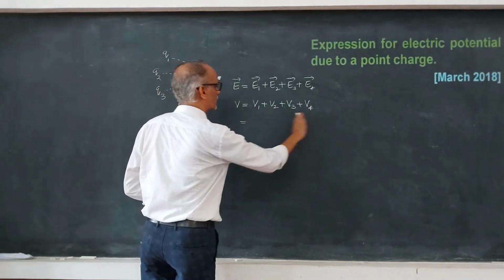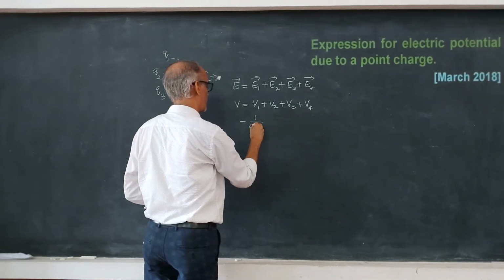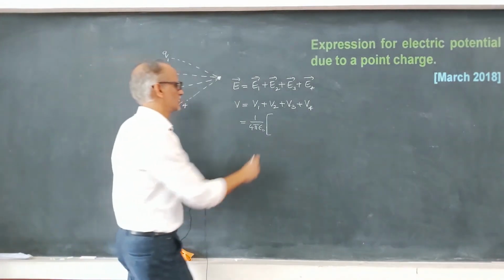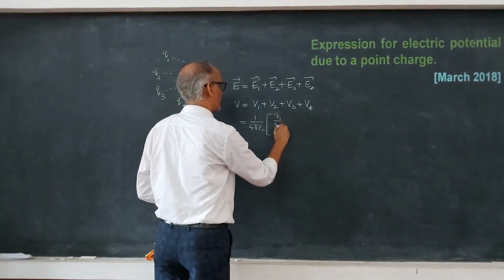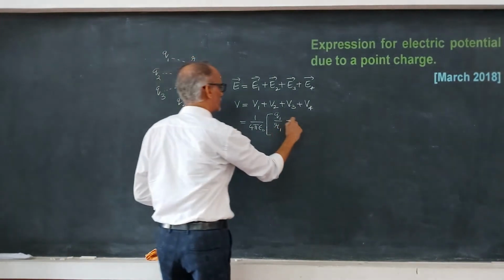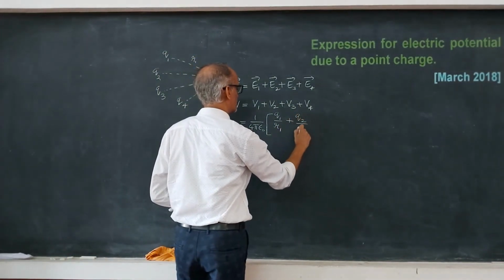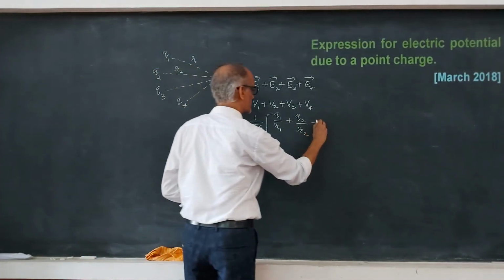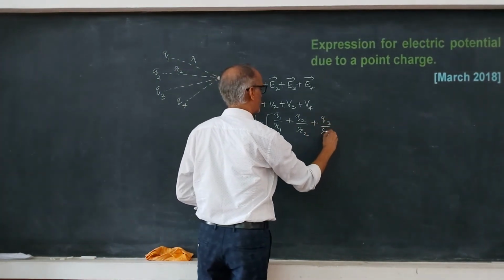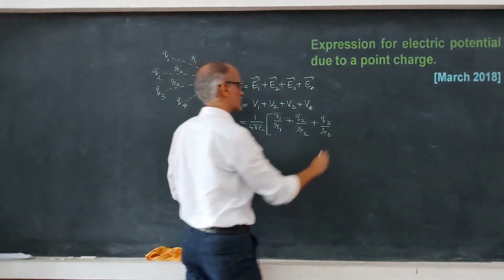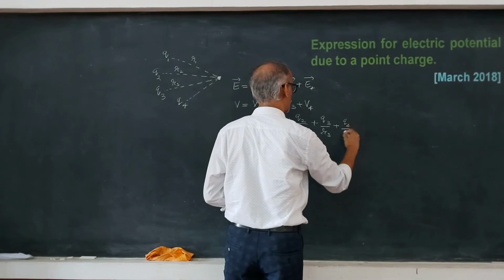So, what is common for all the potentials? 1 by 4 pi epsilon naught into first charge by its distance, Q1 by R1 plus Q2 by R2 plus Q3 by R3 plus Q4 by R4.